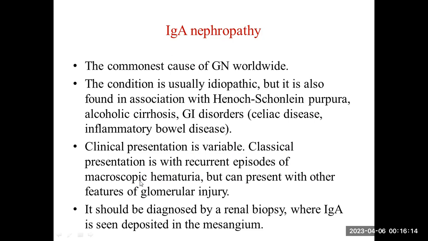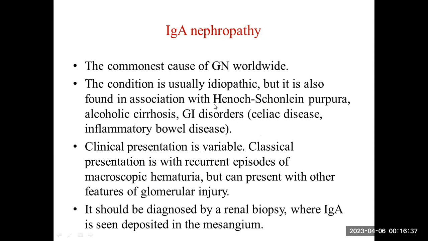It develops usually after 1 to 2 days, or 1 to 3 days, following an upper respiratory tract infection. So following an upper respiratory tract infection, after 1 to 2 days, the patient will start to develop gross or macroscopic hematuria, and it can be recurrent over the years, and it's usually seen in young adults. This is the classical presentation in IgA nephropathy, but this is not the commonest presentation.